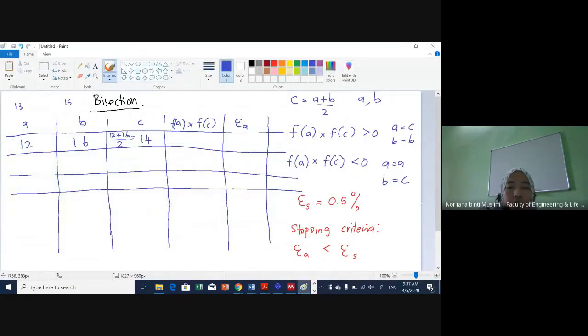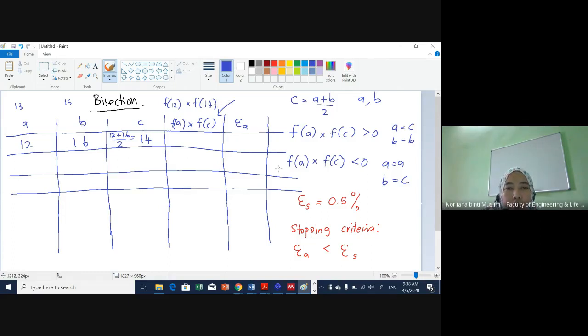Now for this column, we have to make sure of FA, which means we have F12 times F14. This column only takes the sign, so I want to see whether it's positive or negative.